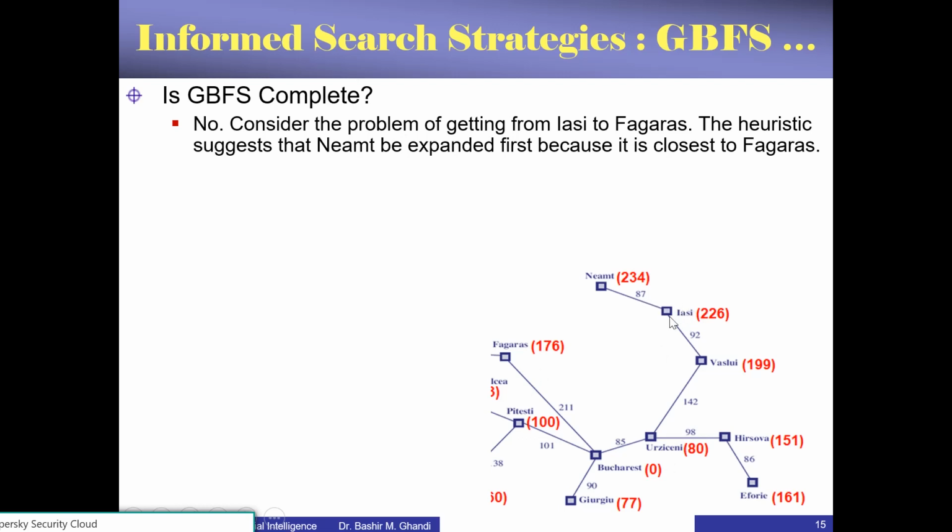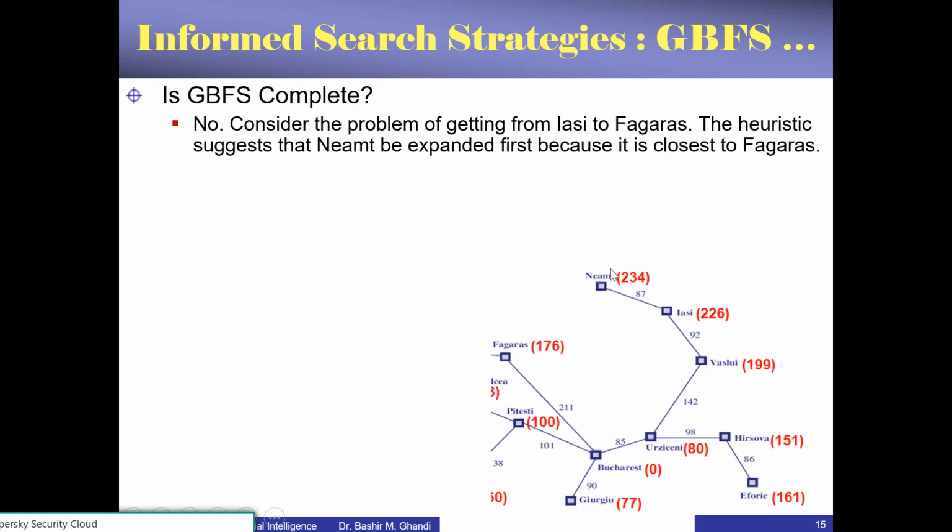Assuming we want to move from Iasi to Fagaras, the question is, what will this algorithm say? Well, obviously from Iasi we're going to expand, and we will see that there is Neamt and there is Vaslui. But if you take the straight line distance from Neamt to Fagaras and the straight line distance from Vaslui to Fagaras, you will see that this distance is longer.